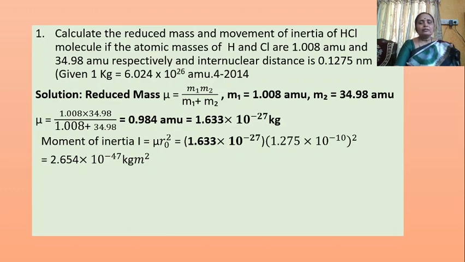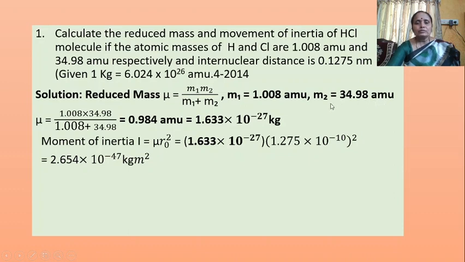We are given the masses of hydrogen and chlorine atoms. Considering hydrogen as m1, the atomic mass is 1.008 atomic mass unit, and for chlorine, assuming it to be m2, it is 34.98 atomic mass unit.